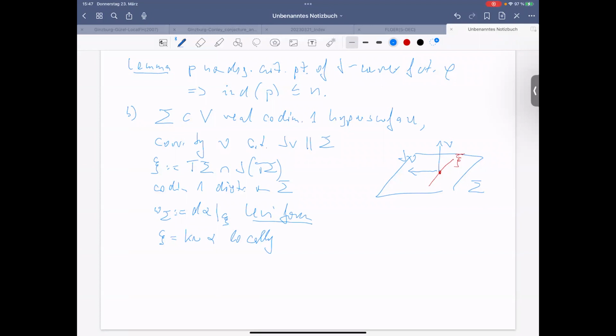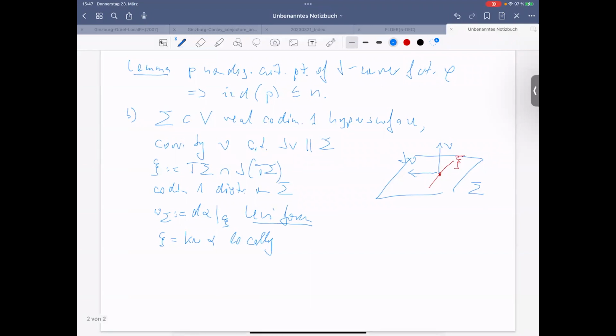And now we can say what it means for sigma to be J convex. It means that this Levi form is positive on complex lines. Yeah, so it's quite analogous.